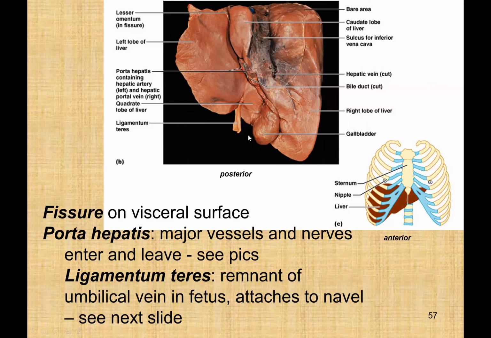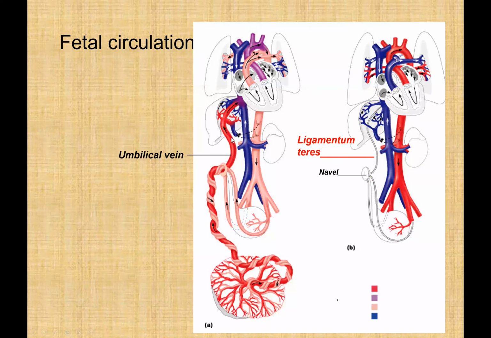So the ligamentum teres is actually a remnant of the umbilical vein in the fetus, which attaches to the navel. So this is the umbilical vein, and in an adult, this changes into the ligamentum teres.